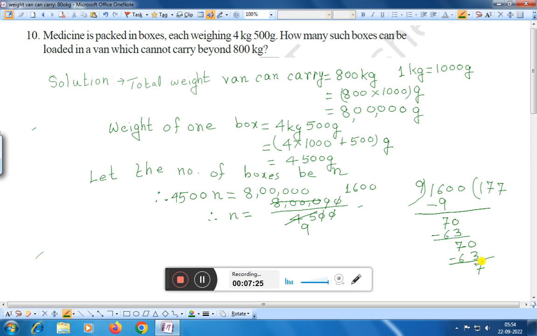How many such boxes can be loaded in a van which cannot carry beyond 800 kg? Therefore, the answer: the number of boxes the van can carry is equal to 177.